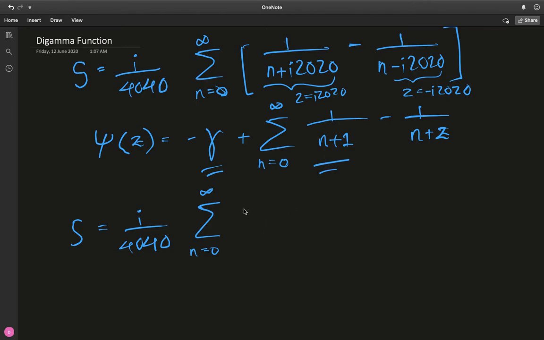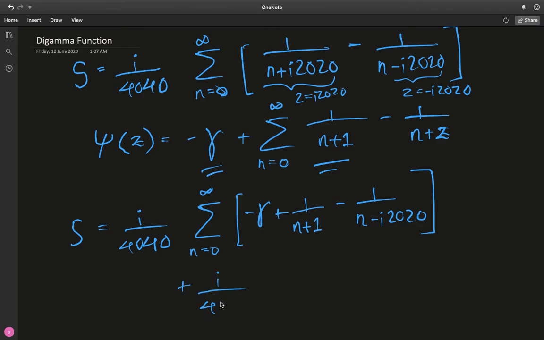So we are having the sum of, well, we can put a negative Euler-Mascheroni plus 1 over n plus 1, and then this minus 1 over n minus i times 2020, okay, and the other part plus i times 40 of sum from n equals 0 to infinity.